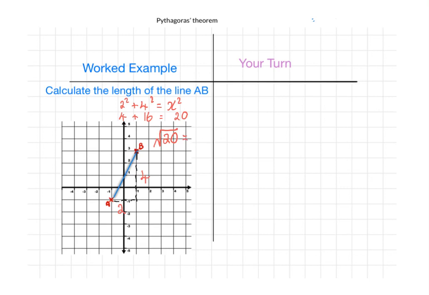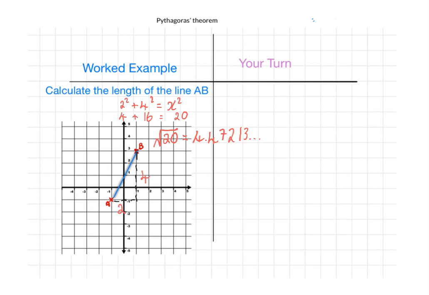Okay, when I do the square root of 20 then, I get 4.47213 and so on. Now I don't want to give all of those digits as the answer, and so as it's a measure I would round to 1 or 2 decimal places.